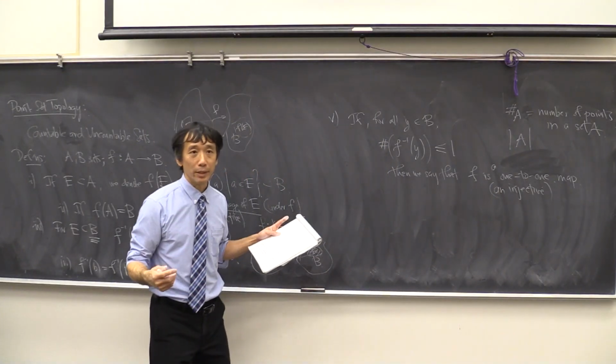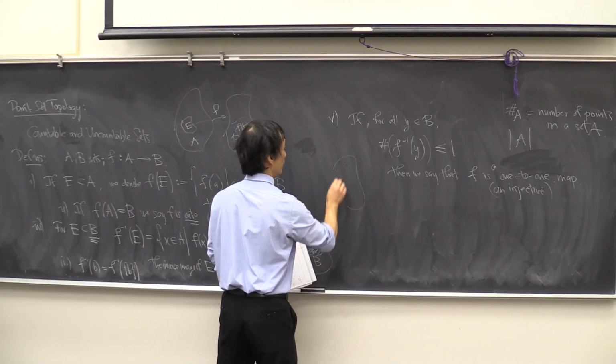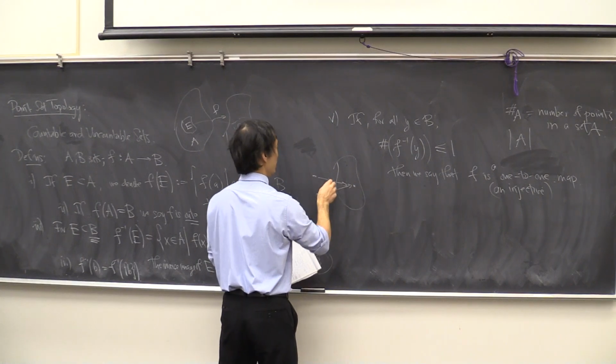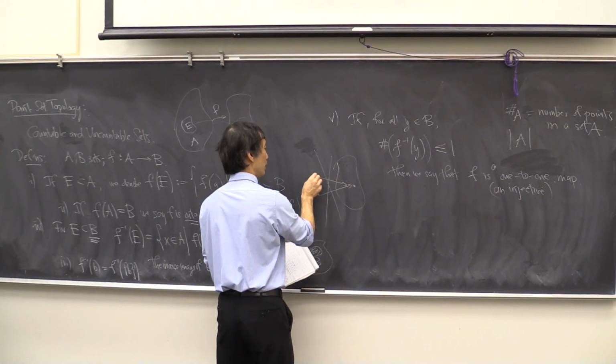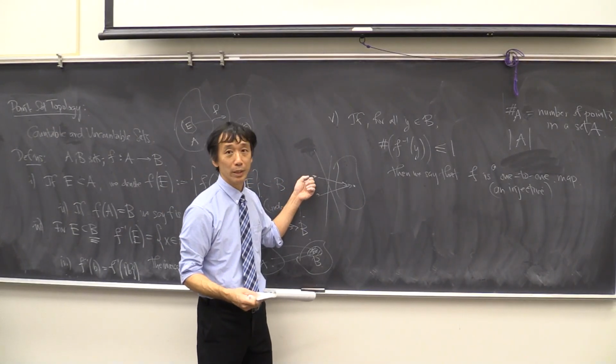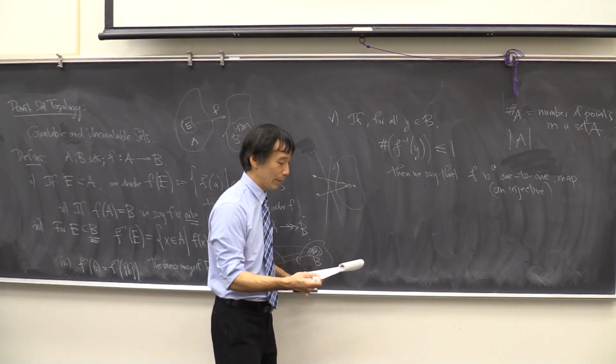It just means that you can't have two points that get mapped to the same point. At most, you've got 1 point in the inverse image of each point. Not a 2-to-1 map.